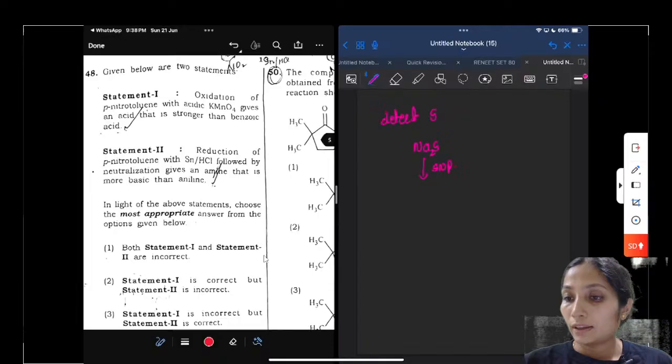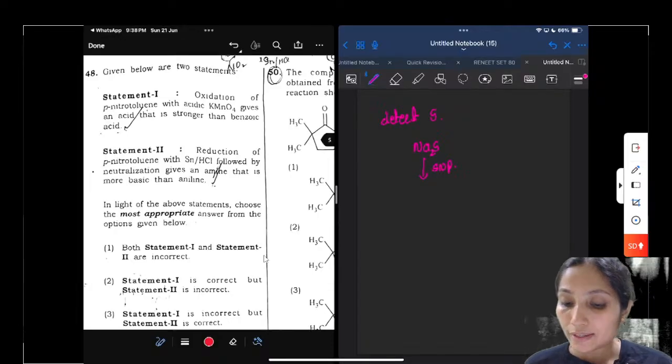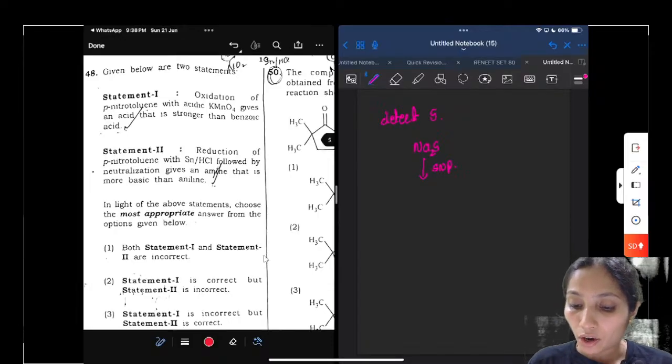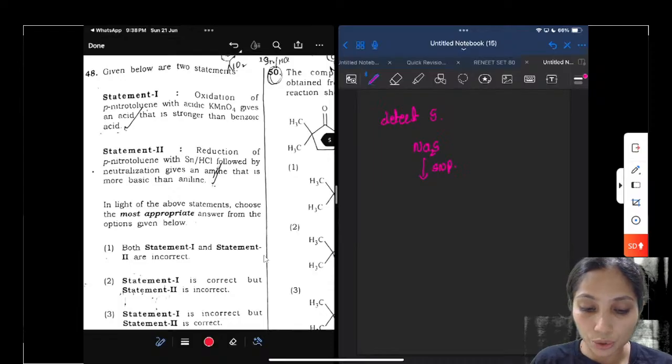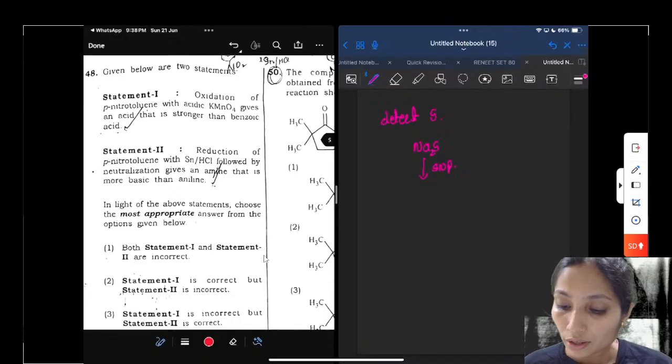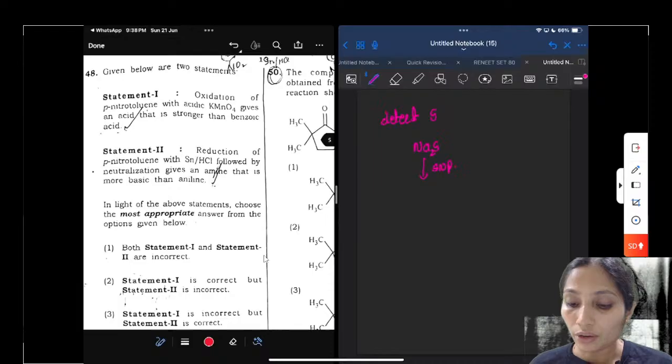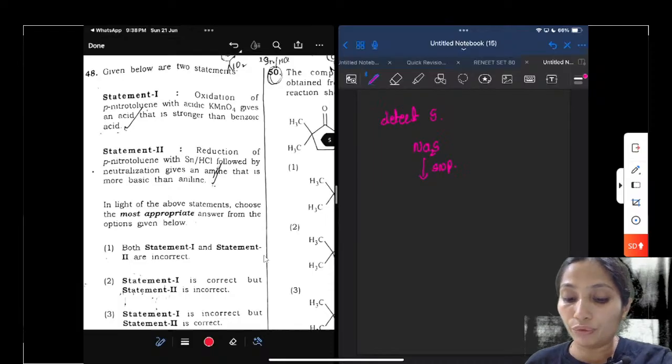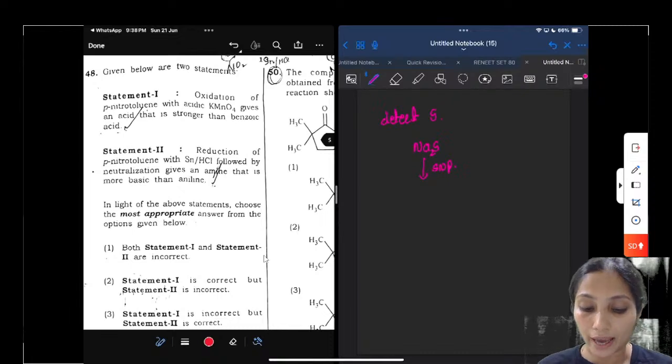Okay. See, it's given that oxidation of para-nitrotoluene with acidic KMnO4 gives an acid that is stronger than benzoic acid.